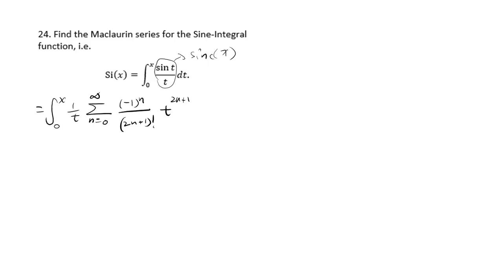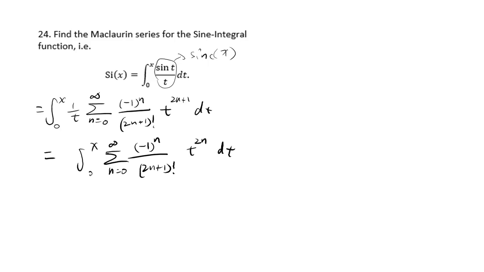dt. And then when 1 over t is multiplied in there, we end up with the integral from 0 to x of the sum for n equals 0 to infinity of negative 1 to the n over 2n plus 1 factorial times t to the 2n dt. So now we integrate this.